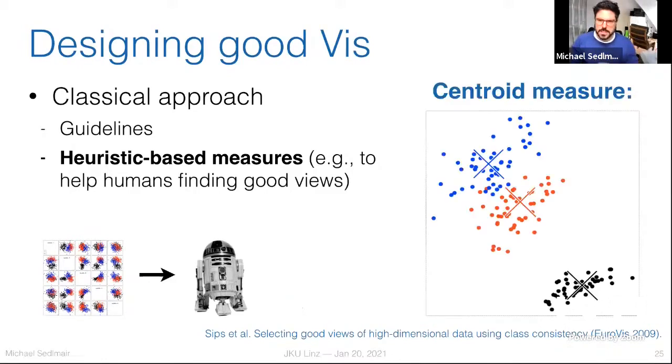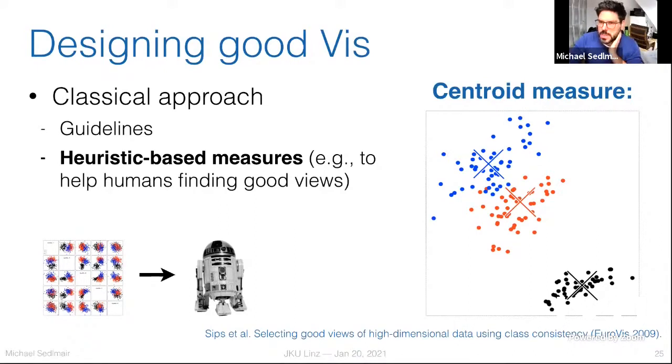So let's assume we want to measure, for instance, class separability. The assumption here is that scatter plots that have more separable classes are more interesting than the ones that just bump everything together into one cluster. Here you could, for instance, use the centroid measure that was proposed by Mike Sips in 2009.